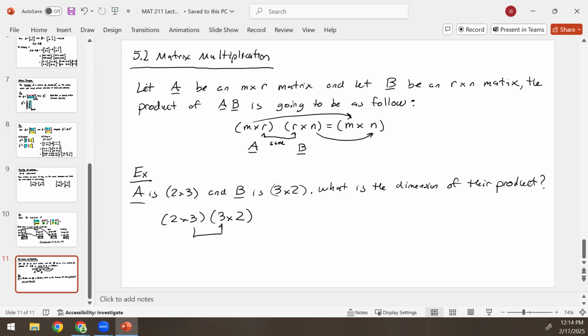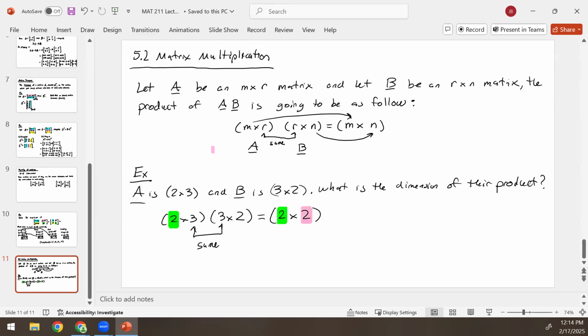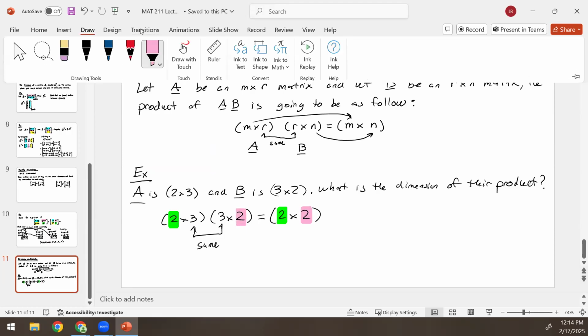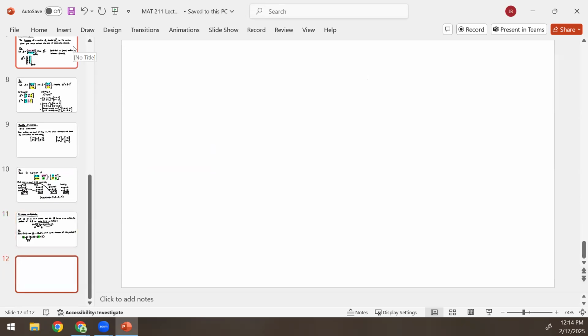These right here are the same, which means my resulting matrix is 2 by 2. Again, we'll do some color coordinating so you see where they come from. We're allowed to multiply these two matrices as long as the two middle numbers are the same.